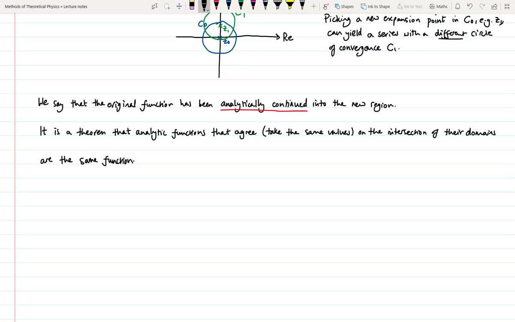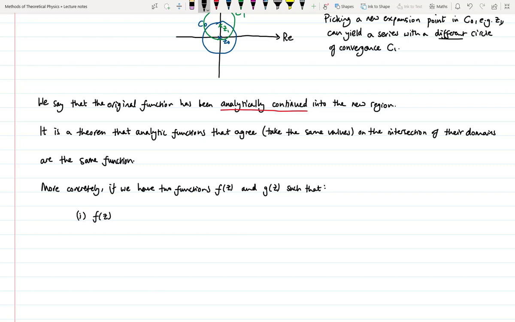What does this mean more explicitly? Well, more concretely, let's say we have two functions, f of z and g of z, such that the following are true.